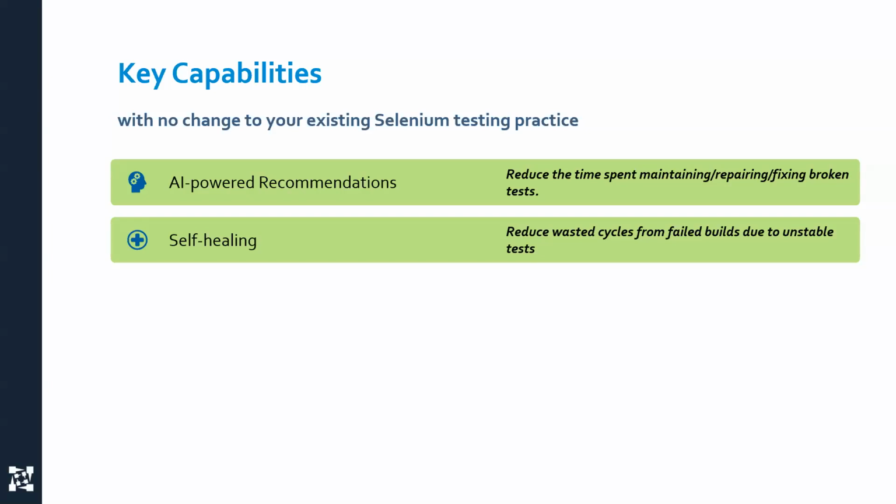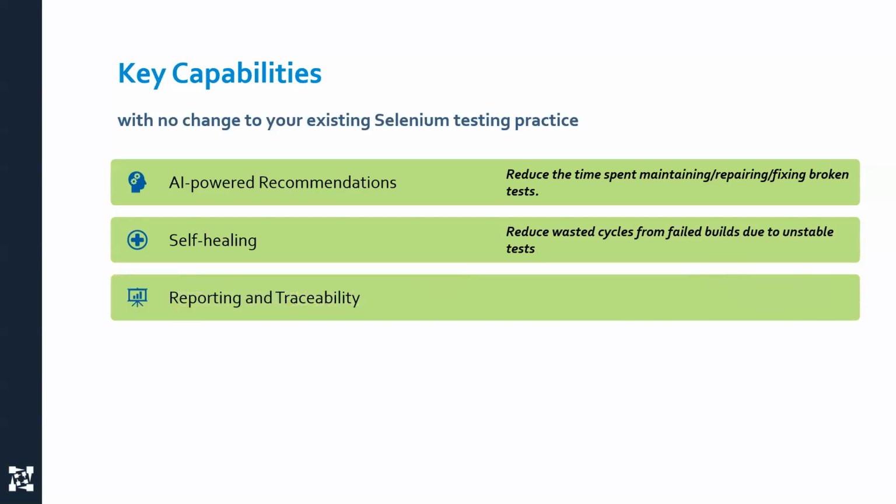What you want to do is to minimize that as much as possible and streamline the process of remediating and addressing those issues. And self-healing really helps reduce that, with AI helping you, or the recommendations helping you reduce the amount of time that it takes to actually fix it in the first place.